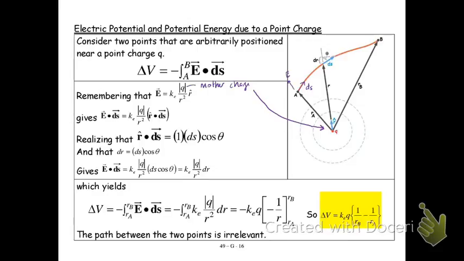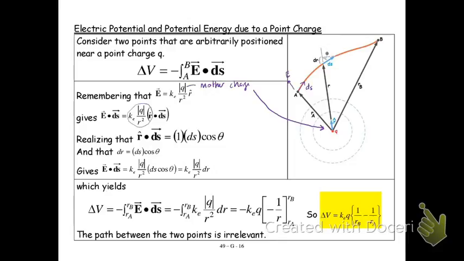E dot ds gives me KEQ over R squared, and my ds gives me R-hat dotted with ds. So that's the vectorial bit. So my vectorial E is that, and I'm dotting it with ds. Now, here's a little bit that you might not spot, which is to do with R-hat dot ds.